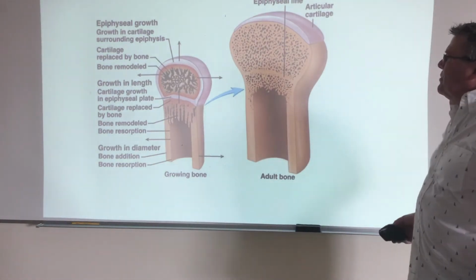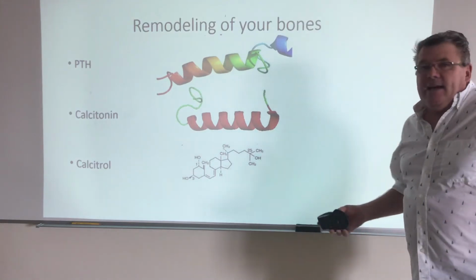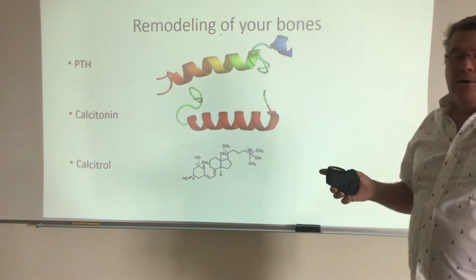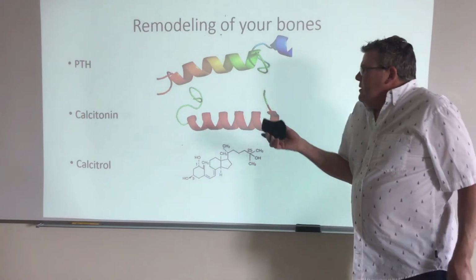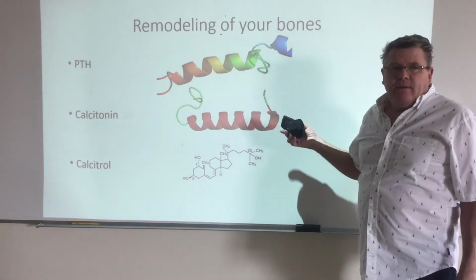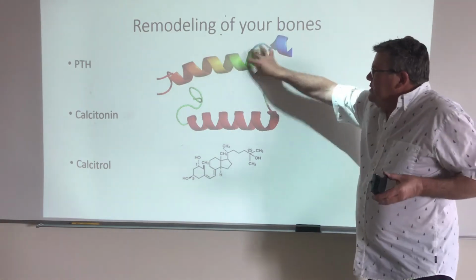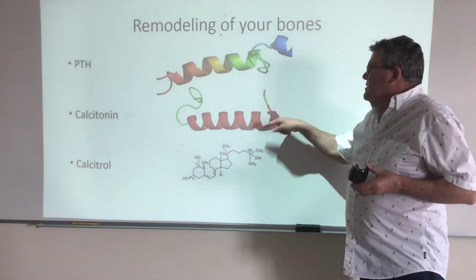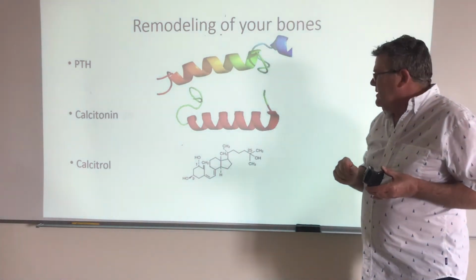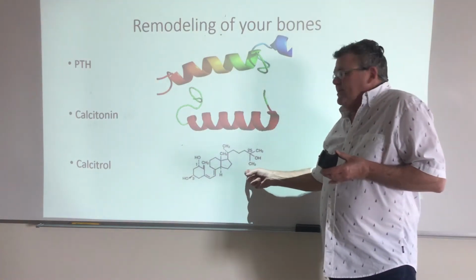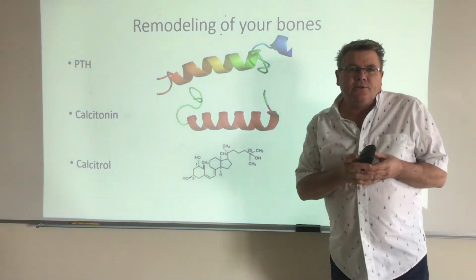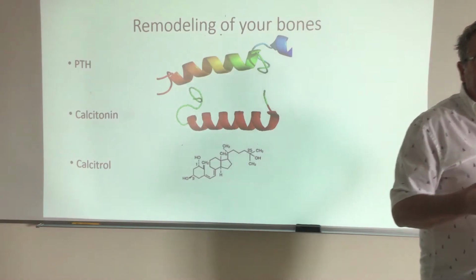And I want to give you 3. PTH, which is parathyroid hormone, calcitonin, which is simply calcitonin. These are both proteins. They've got these nice, cool alpha helices on them. And then there's calcitriol. Calcitriol is a derivative of steroids.